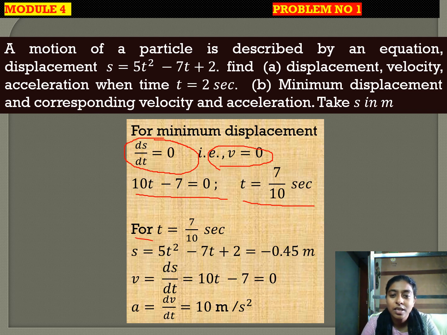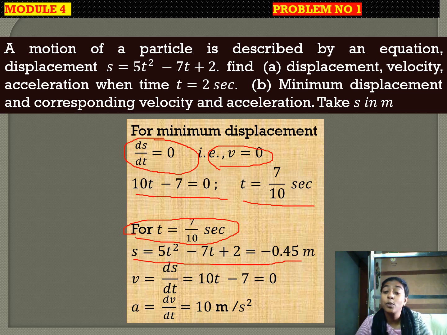For t equal to 7 by 10 seconds, our displacement is minus 0.45 meter. Displacement is always positive, it is a scalar quantity. So, even if it is minus, we will take the absolute value. It is 0.45 meter.